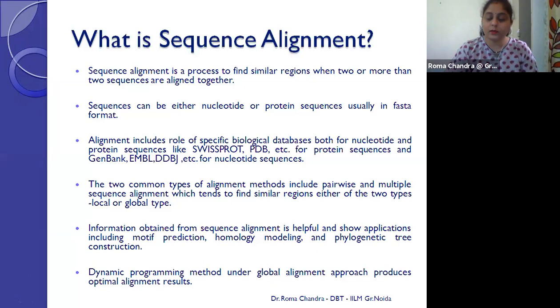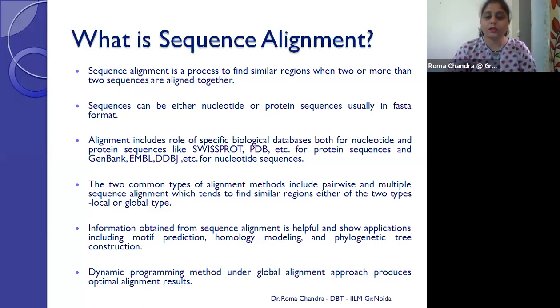Then we need to understand the purpose of sequence alignment. By definition, sequence alignment is to search out similar regions, and to do that we are either aligning two sequences or more than two sequences. I also told you that sequences can be nucleotide or protein sequences.